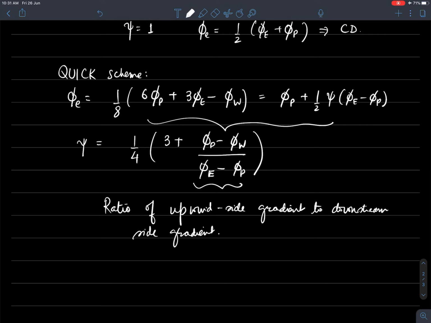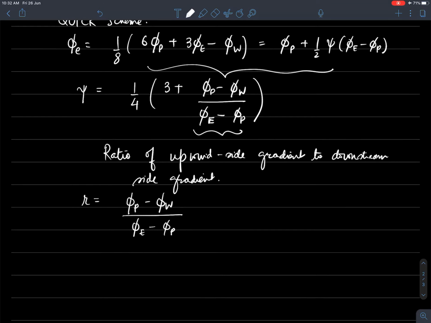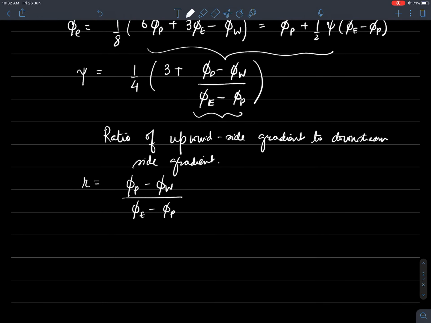And phi e minus phi p becomes the gradient at phase e. The ratio of these gradients is essentially deciding the value of psi. So we typically call this ratio r, phi p minus phi w by phi e minus phi p, and then psi becomes a function of r.